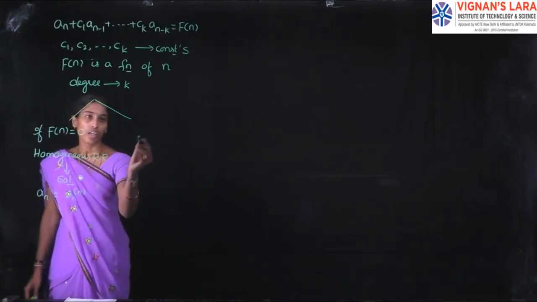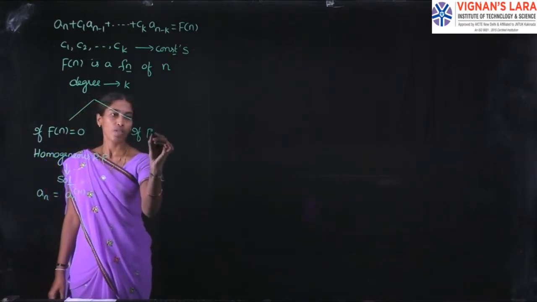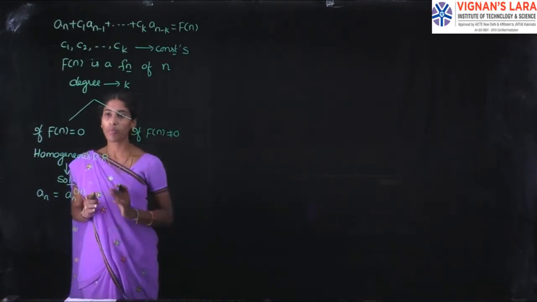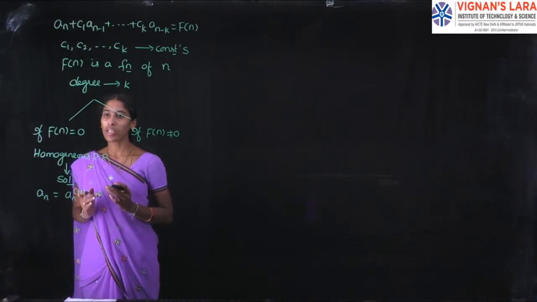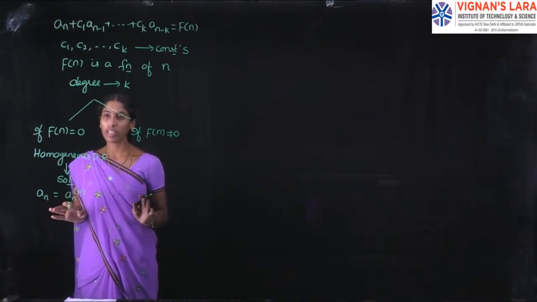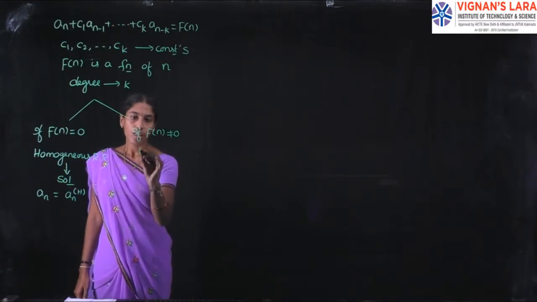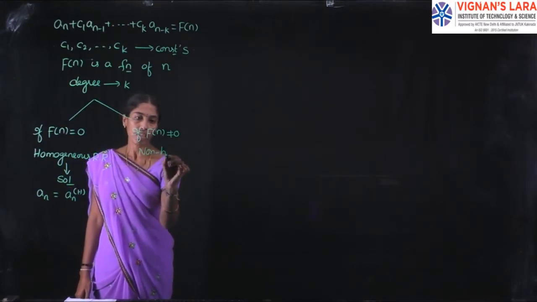If f(n) is not equal to 0, what is f(n)? It is a function of n which contains only the variable n and constants. It does not contain any sequence term a_n. Then it is called a non-homogeneous recurrence relation.